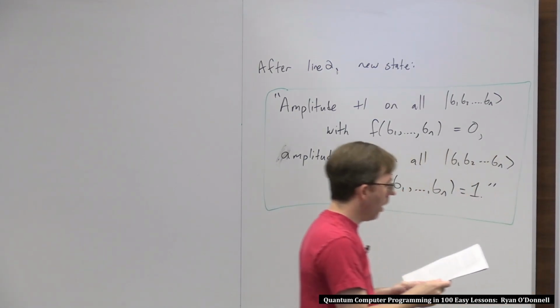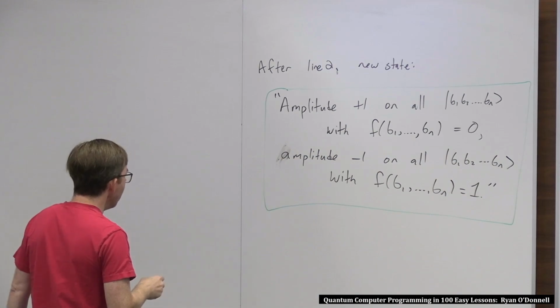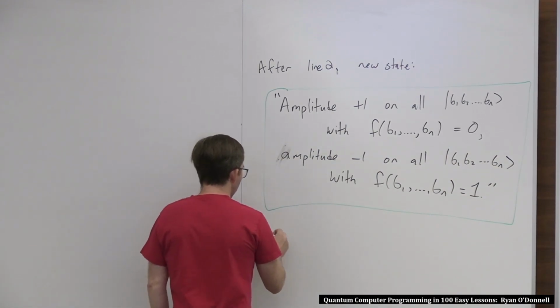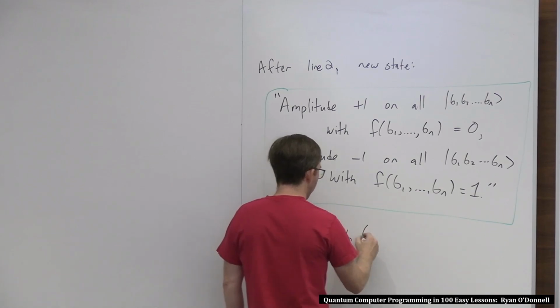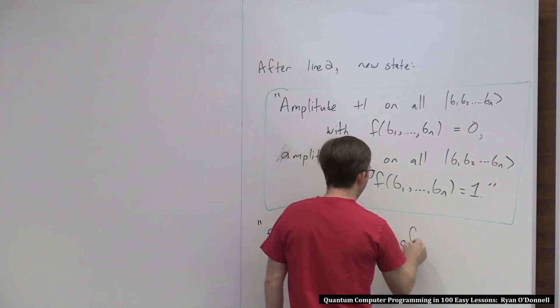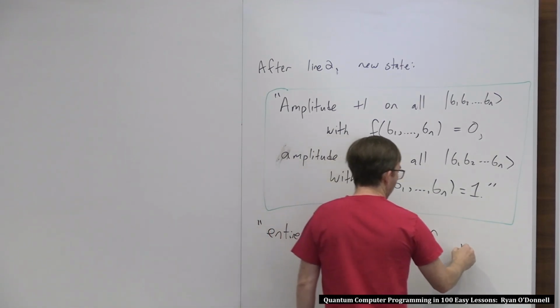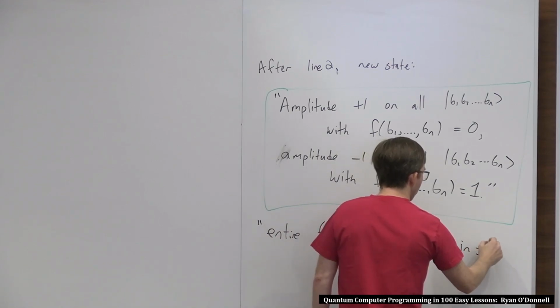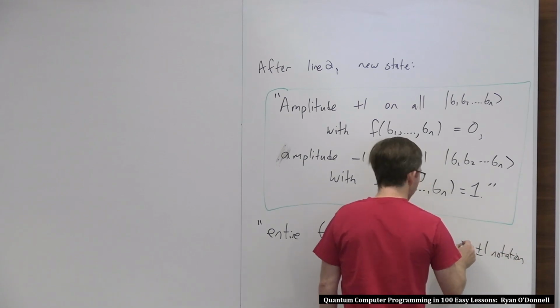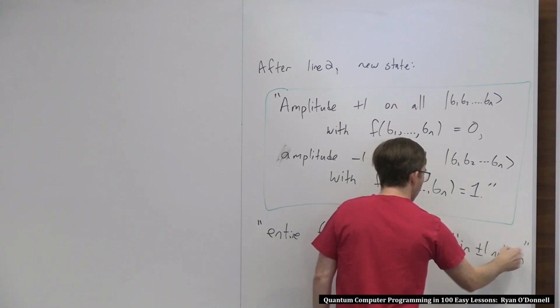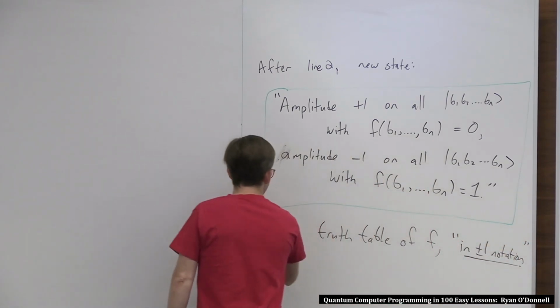Okay, so I would say that the entire truth table of f, I'll do a little example in a second, table of f in plus or minus 1 notation. Okay, this is a phrase I'm going to start using. I'll explain it in a second.